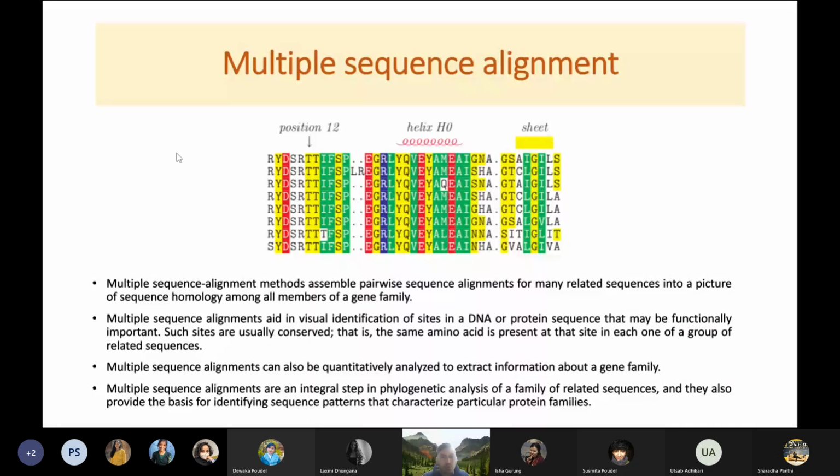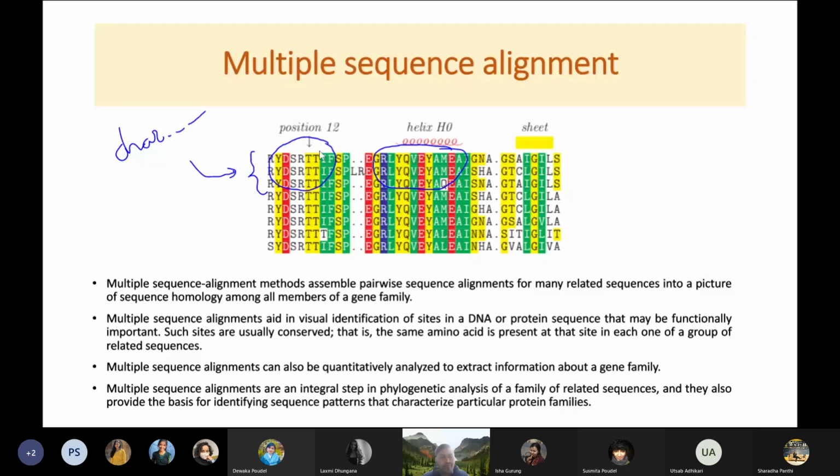So if you have characterized the first three proteins, this is something you have already done, these are characterized, right? And you know that this region is a helix region, and then you know this is a DNA binding region.